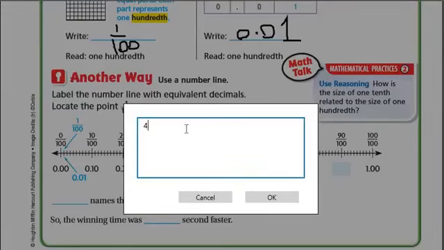To be 40, I write 40, then move the decimal point from right to left 2 places, 1, 2, and put the decimal point. There is no whole number, that's why I put 0.